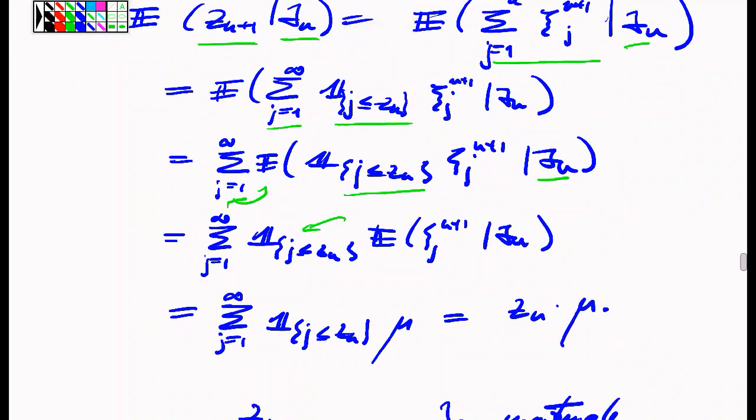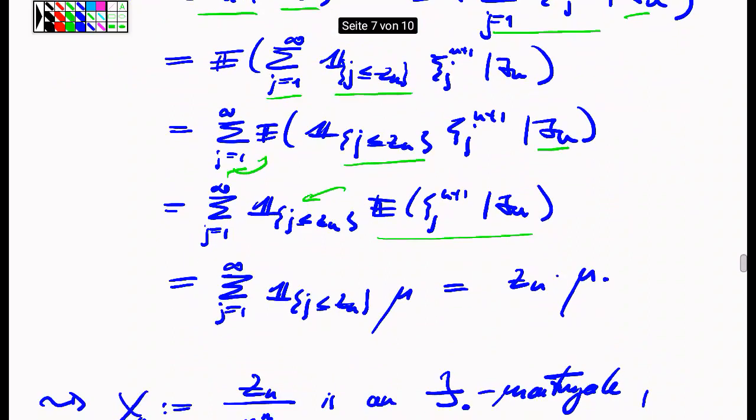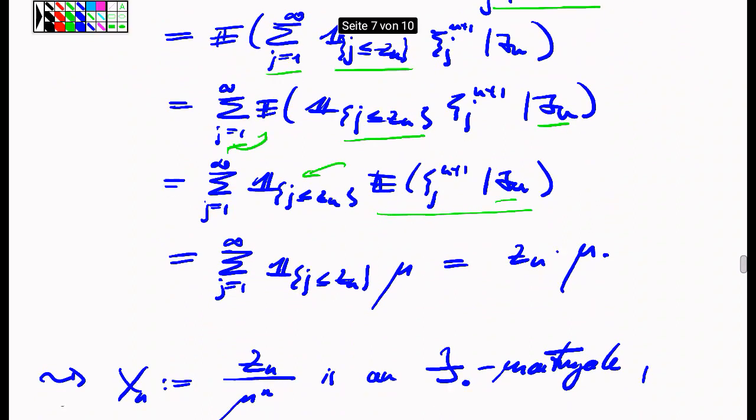And what remains is the conditional expectation of psi j n+1 given Fn, but psi j n+1 is independent of Fn. The question how much offspring an individual in the generation n+1 has is independent of the offspring of the previous generations. So therefore the conditional expectation is just a plain expectation, and that was the mu.